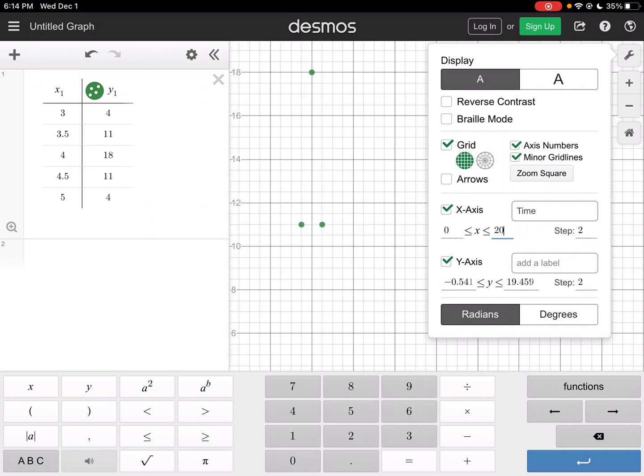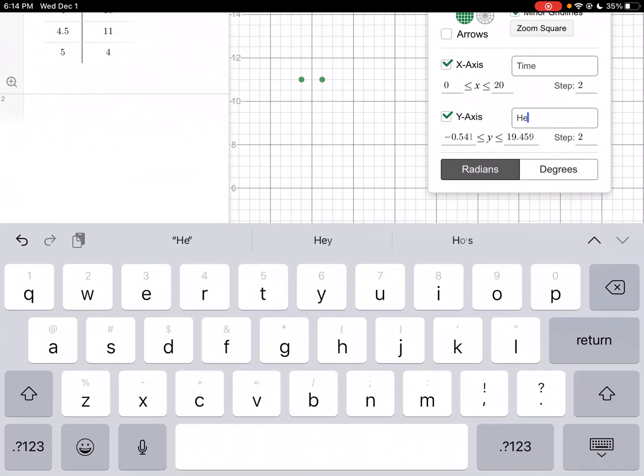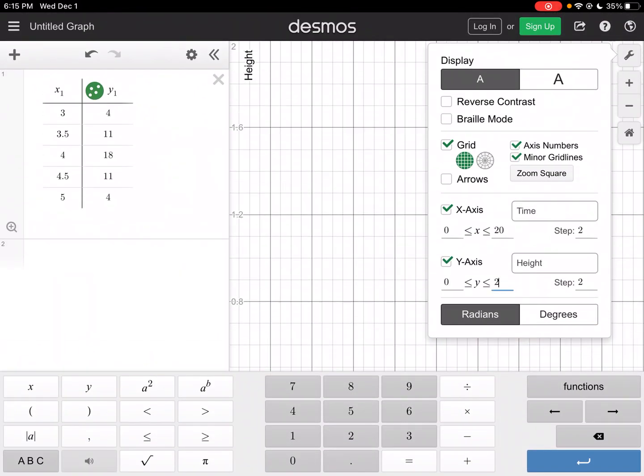And then my y-axis, that's going to be our height in inches. And then I'll do the same thing. I'll go from 0 to 20 because I want a little bit of space there.